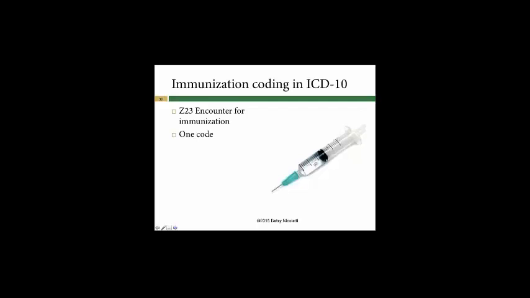So we're going to use our CPT code to show the type of immunization that we gave, flu shot, zoster, whatever the immunization was that we gave, and the administration codes. And of course, if we get the vaccine serum for free, if there are any that we still get for free from the state, we can still report those, and people usually put a 1-cent charge down with that.